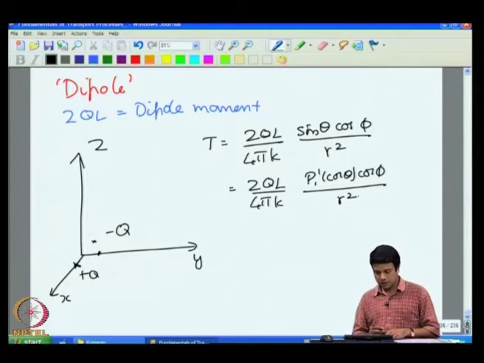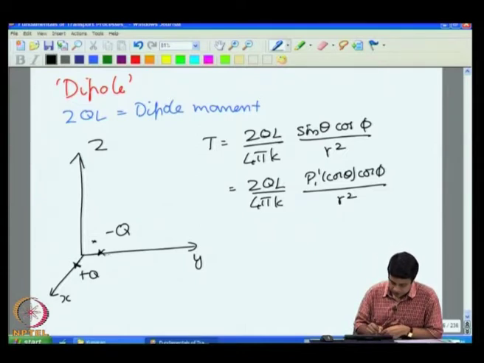Okay. So, for n is equal to 1 and m is equal to 1, the solution is a source and a sink separated along the x axis. For n is equal to 1 and m is equal to 0, it is along the z axis.